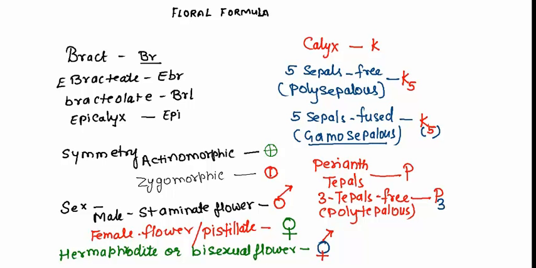And if the number of tepals is again 3, but they are fused, then such a condition is called gamotepalous, and it is represented as capital P with 3 at the base and a bracket.